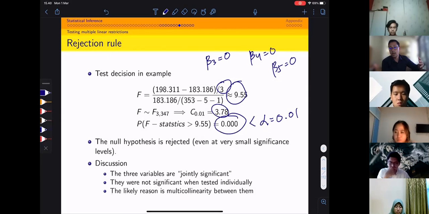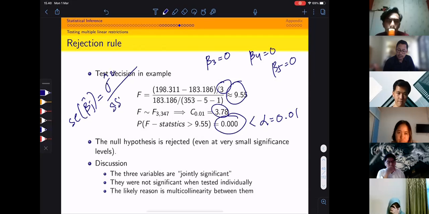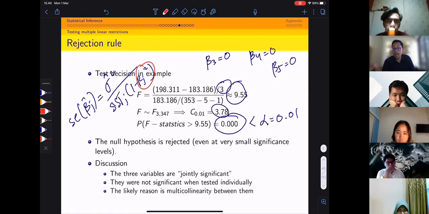And so given that degree of multicollinearity, what happens? Remember, the formula for the standard error of beta hat j is the ratio between the variance of the residual and the sum of squares of the variable times 1 minus r squared j. The issue is that the r squared j will be relatively high, and if the r squared j is relatively high, then the standard error will be high.